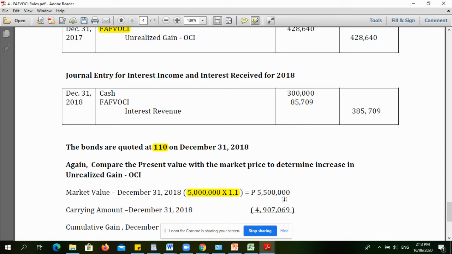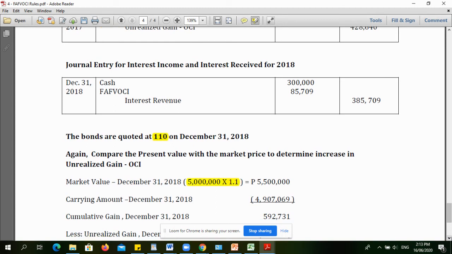And we deduct the carrying amount, which as of December 31, 2018, is already 4,907,069.